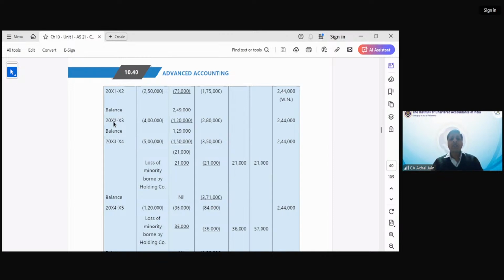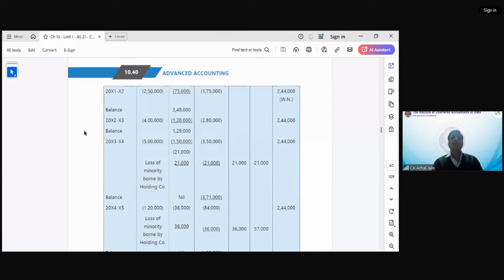Now, if you adjust this proportionate loss to minority, so what will be the balance of minority after adjusting this loss? Over to you quickly. Tell me. After adjusting this loss, what is going to be the balance of minority? Anil says 1,29,000. Correct?